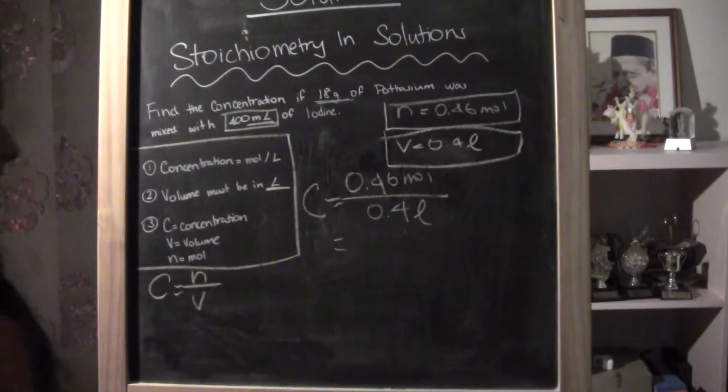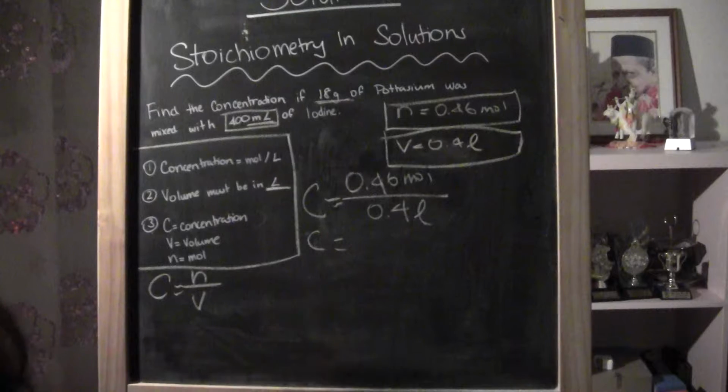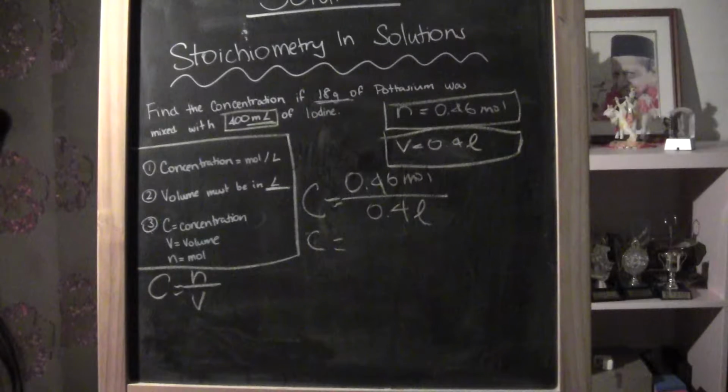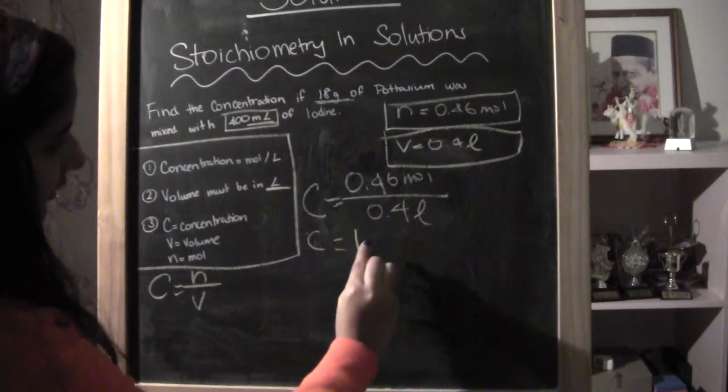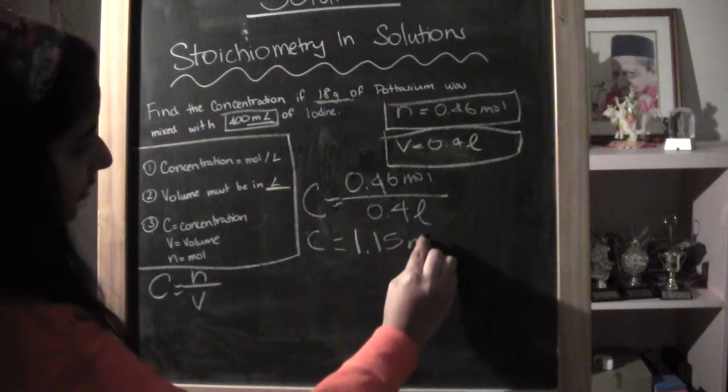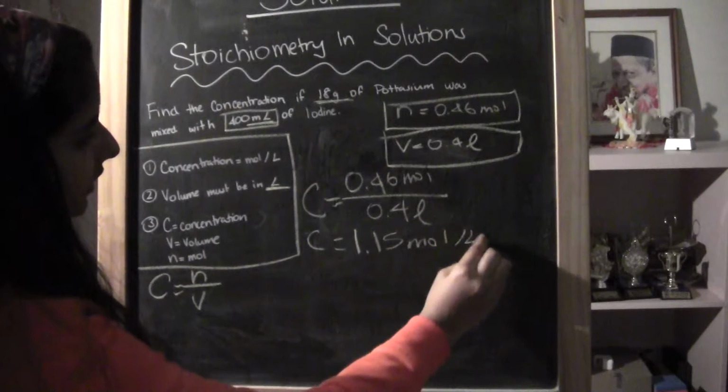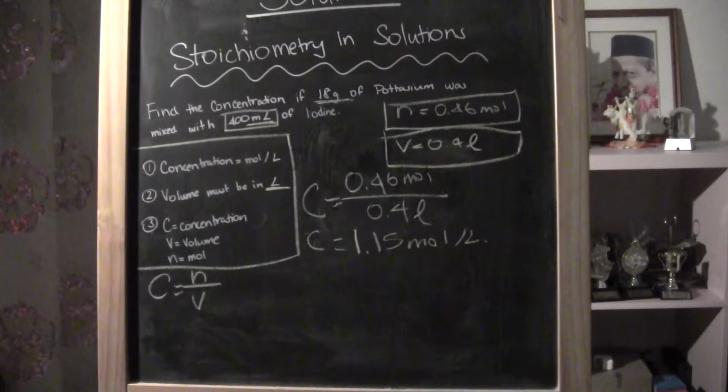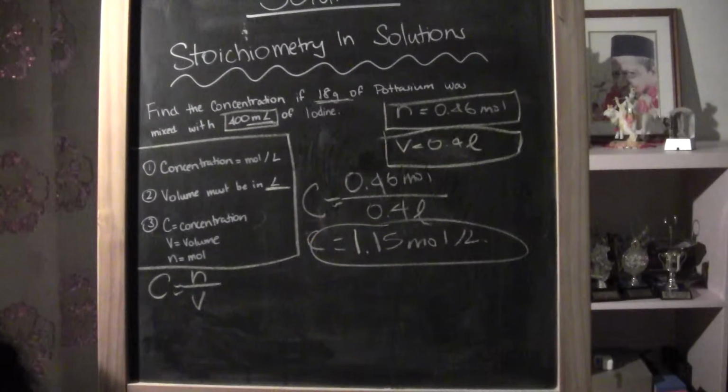Okay? Divide that and you should get moles per liter. So let's do that really quick. There you go, 1.15 moles per liter. That is the concentration, right there.